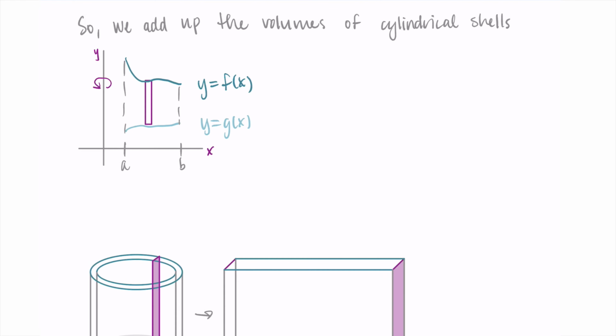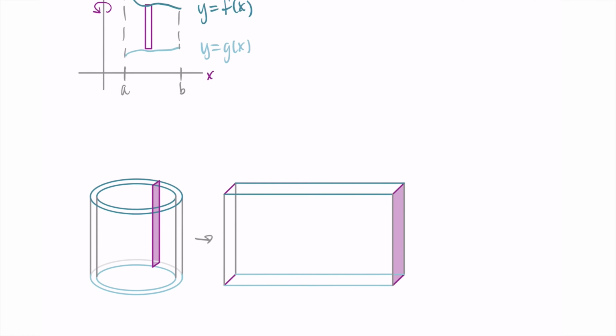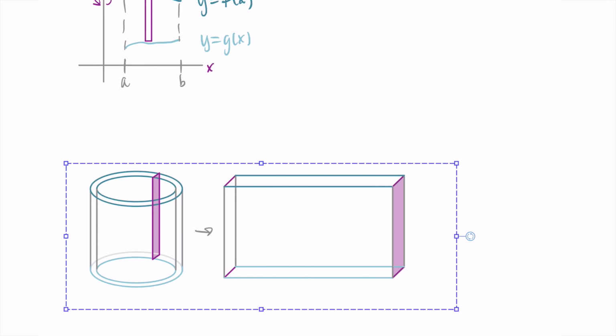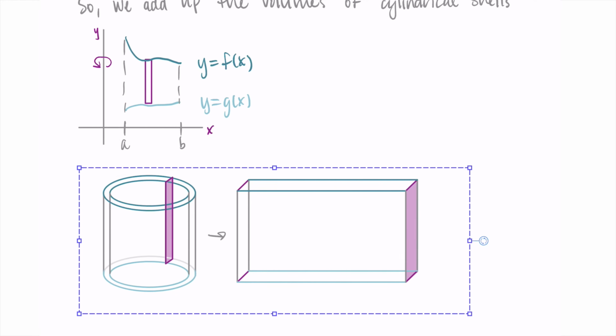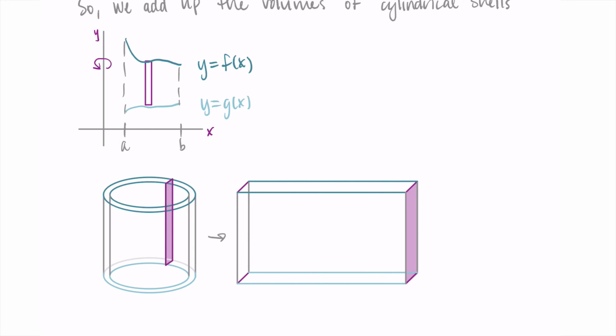So this weird shape is being revolved around the y-axis, and we're going to take these little shells to build it out. I'm going to expand on it with this picture here. So we're taking that little bar and revolving it around this shell in the way I've drawn here. So it's going around this shape, and we're making this shell.